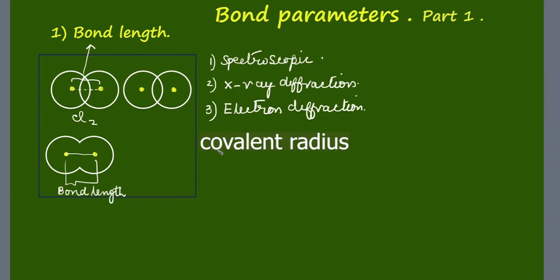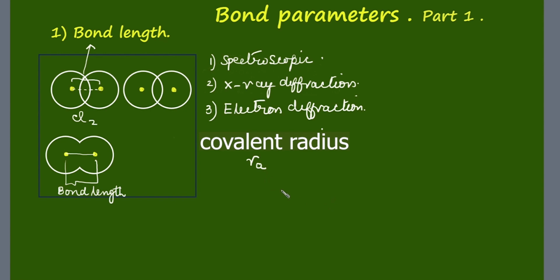What is meant by covalent radii or covalent radius? Let us represent it by the symbol small r, small a. Covalent radius is measured approximately as the radius of the atom's core, which is in contact with the core of the adjacent atom in the bonded condition.